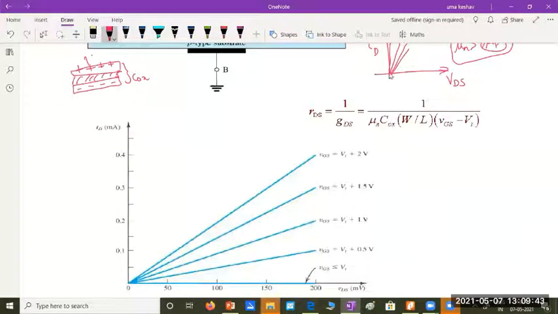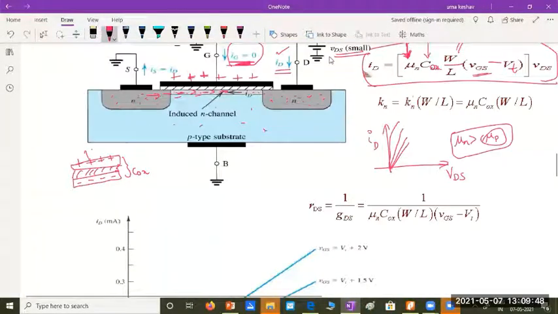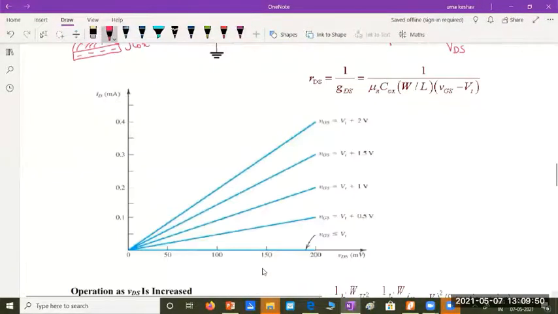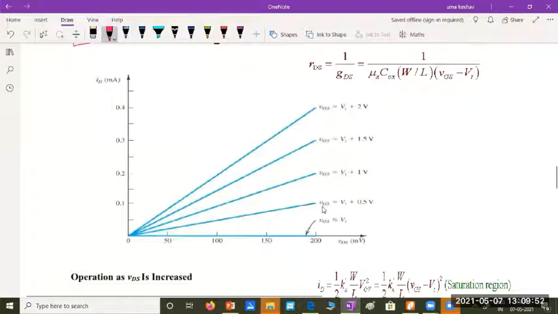As I showed you, the behavior of this MOSFET for small drain source voltages looks something like this. For drain source voltage in the range of 0.2 volts, here I am taking 200 millivolts, 0.15 volt, 0.05, 0.1.